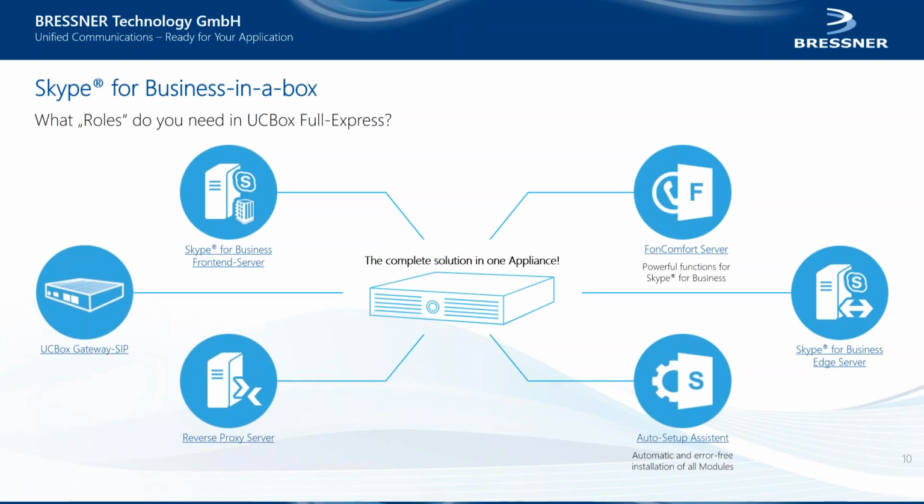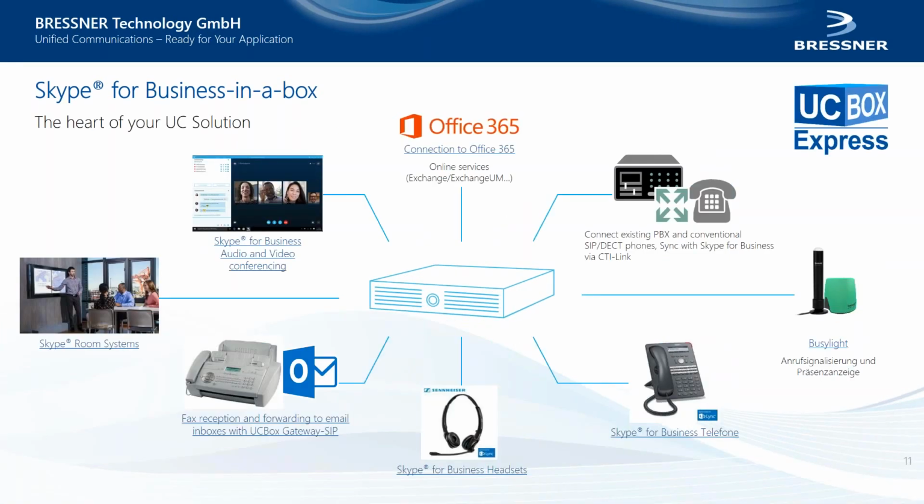So this will all be installed completely automatically. There is a graphical wizard at the beginning which will ask you about which naming and which IP addresses and where is your external certificate. And if you start installation, there is nearly zero touch installation. So a front-end server will be completely installed by itself.